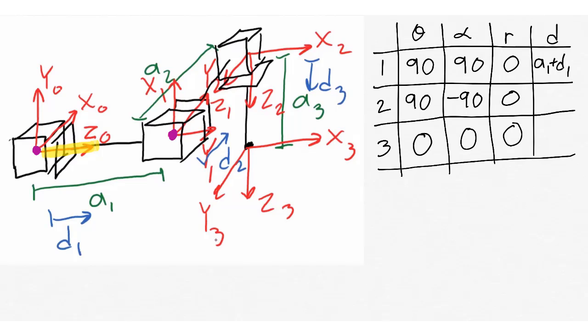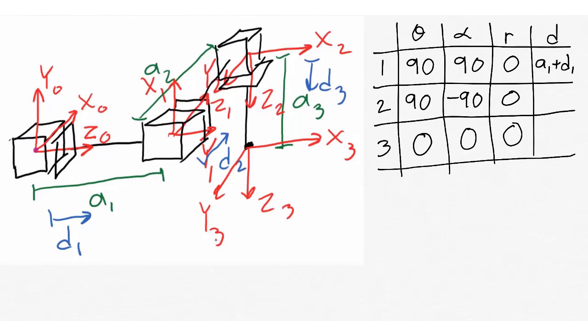That's why the distance between these two frames is A1 plus D1. It's equal to the distance between the two frames when the joint is 0, that is A1, plus however much the joint has moved. That's what D1 is.